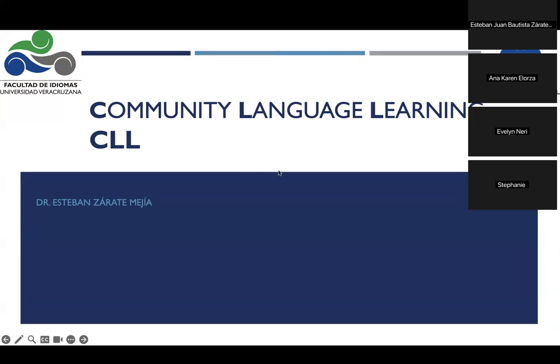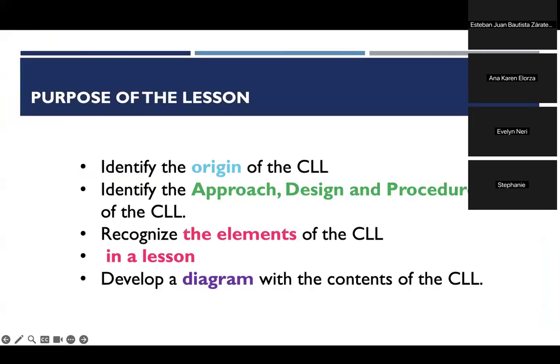So the purpose of this presentation is to discuss the origin of the community language learning approach, also to identify the stages of approach, design, and procedure, recognize the elements of a community language learning approach, and of course, with these elements, you can also continue the design of the diagrams in this case of the community language learning approach.